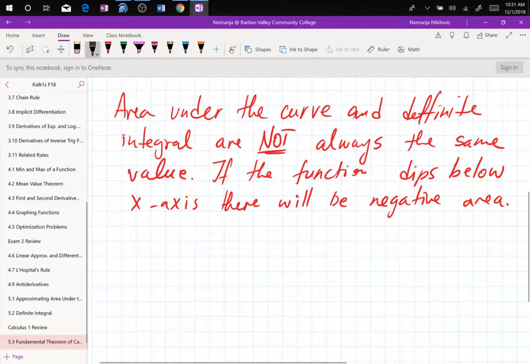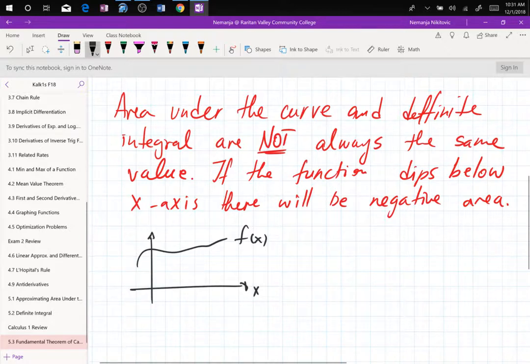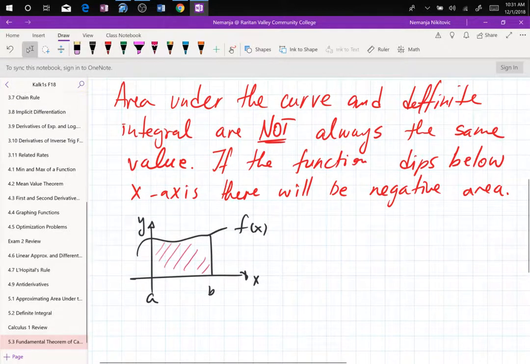So if I have a function f of x like this, and you go from a to, let's say, b, over here area is equal to the integral from a to b of f of x dx.